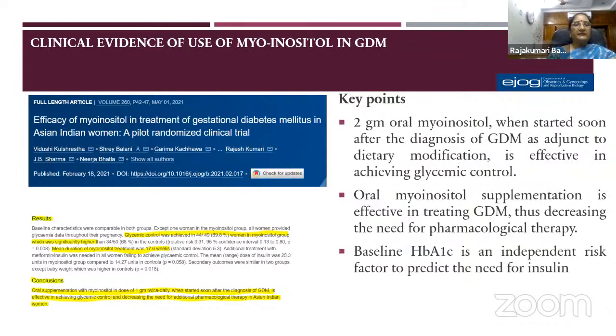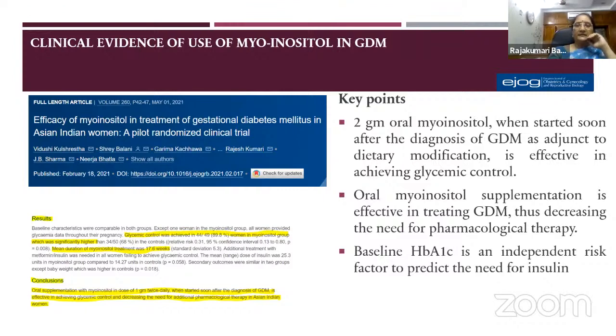There are a lot of clinical studies done on myo-inositol. 2 grams of oral myo-inositol, when started soon after the diagnosis of GDM as an adjunct to dietary modification, is effective in achieving glycemic control. Thus, it is decreasing the need for pharmacological therapy.